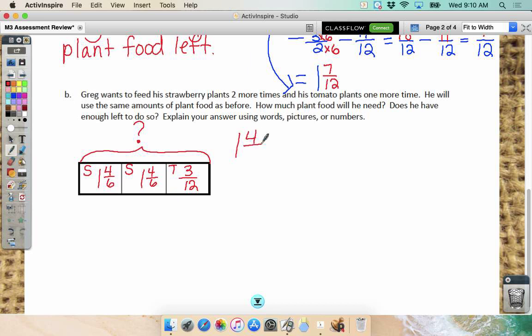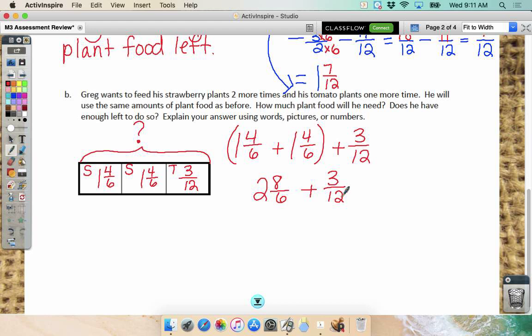And is there anything I can group? Yes. So let's get that grouped. And then add the 3/12. So what would this be all added together? 2 and what's 4 plus 4? 8. So 2 and 8/6 plus 3/12.